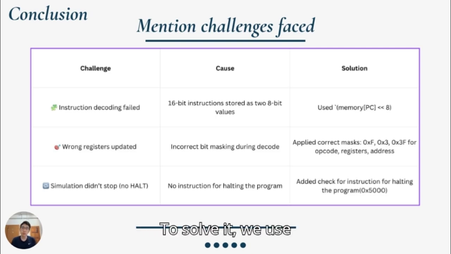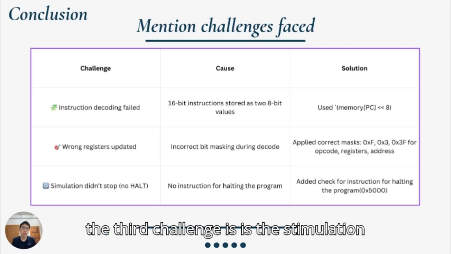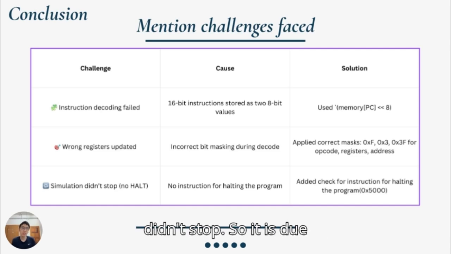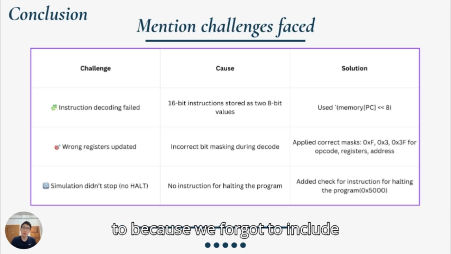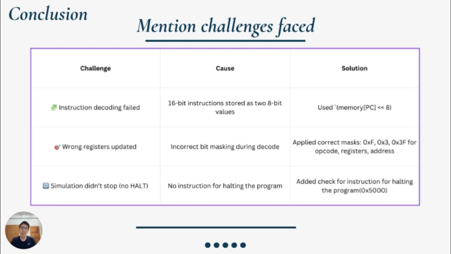To solve it, we use a mask. The third challenge is the simulation didn't stop, because we forgot to include the halt instruction. It was solved by including a halt opcode.